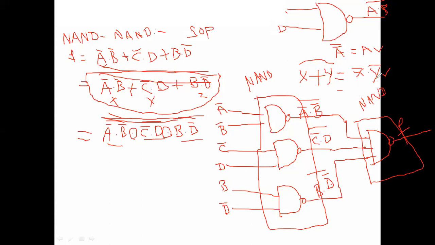Here we remember De Morgan's theorem, then only we are doing this. NAND, NAND. In the same way, we are doing another problem for another expression. Do you understand how to draw? So we are taking another example and implementing NAND NAND realization.